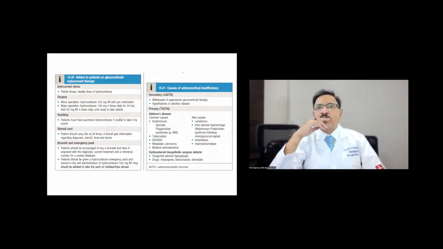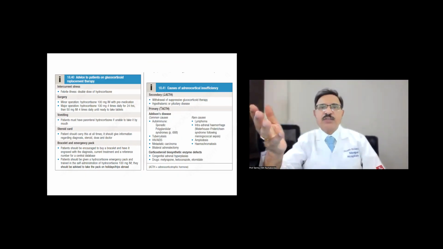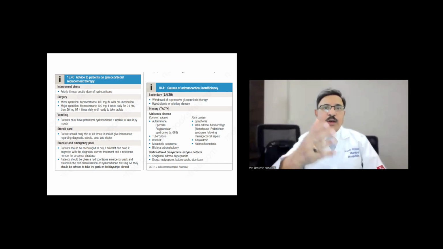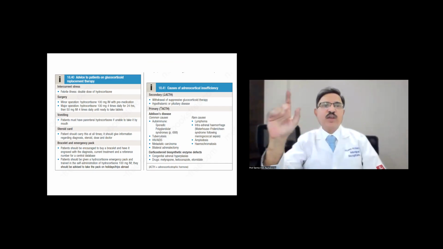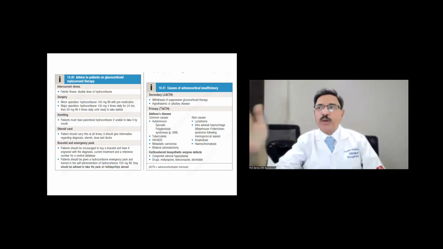Okay. Now, adrenocortical insufficiency, we have seen withdrawal of the suppressive glucocorticoid, hypothalamic pituitary. This table we have already seen. Addison's disease, common causes, rare causes. Look at this left-hand side, very important. Whenever there is a febrile illness, the dose of corticosteroid should be doubled.